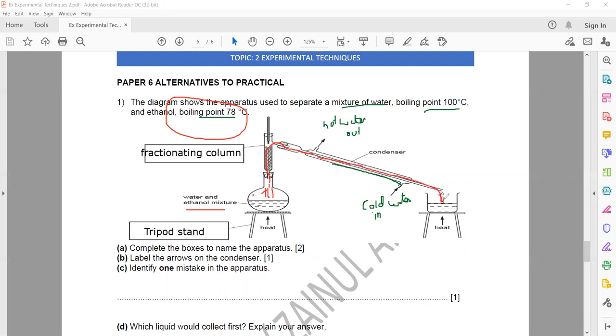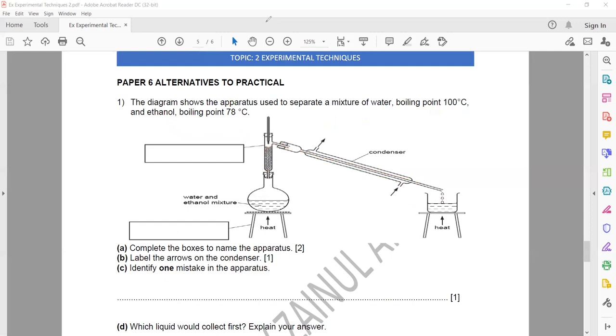So what we collect is ethanol liquid here. You can say cold water out, that's also a right way. But normally, when the water absorbs heat energy, it is not that cold, it becomes warm. So you can also say water in and water out.